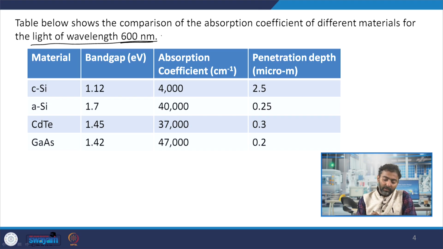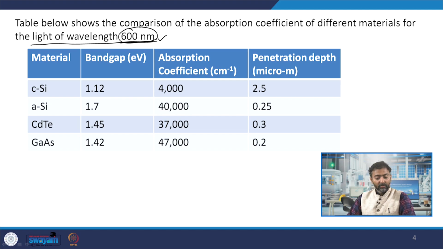Interestingly, it has been found that for most locations on the earth, under normal atmospheric conditions, the peak solar radiation intensity comes somewhere around 600 nanometer, and that is why, when we talk about a lot of these light absorption phenomena, we always consider this particular wavelength as one of the important wavelengths. There are other important wavelengths also, but this is usually the de facto one used for many of the calculations, because this is where the spectral intensity of the solar radiation is at its peak on the earth's surface.